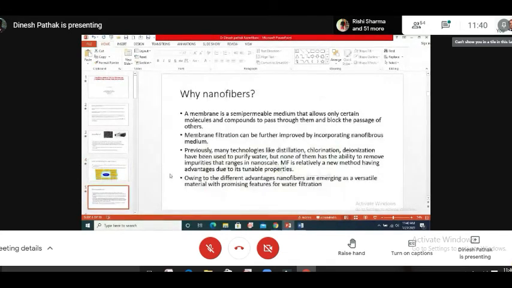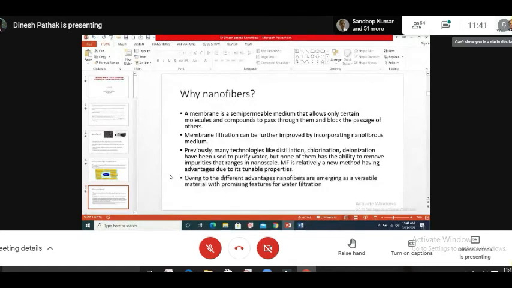So why nanofibers? There are other mediums as well, like you have an RO system at your home, or for filtration you can use other things. But why nanofiber? Because their size is very easily tunable.